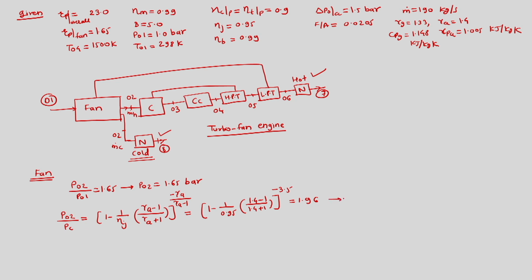So Pc turns out to be P02 divided by 1.96, and Pc is 0.8399 bar. If we see, the choking pressure is lower than atmosphere. So we can say that the nozzle is not choked.